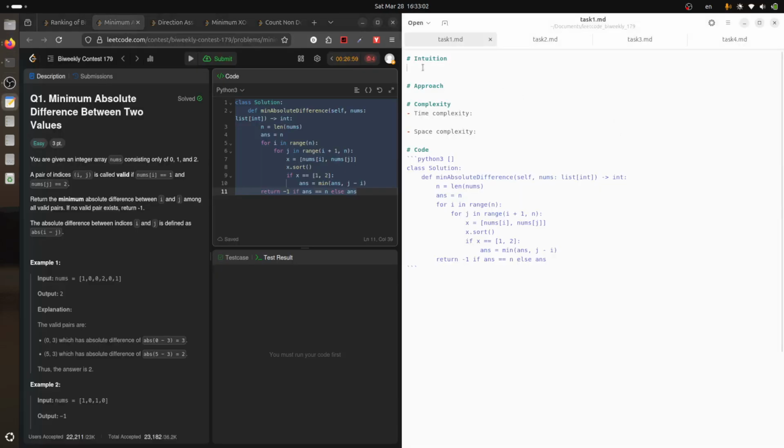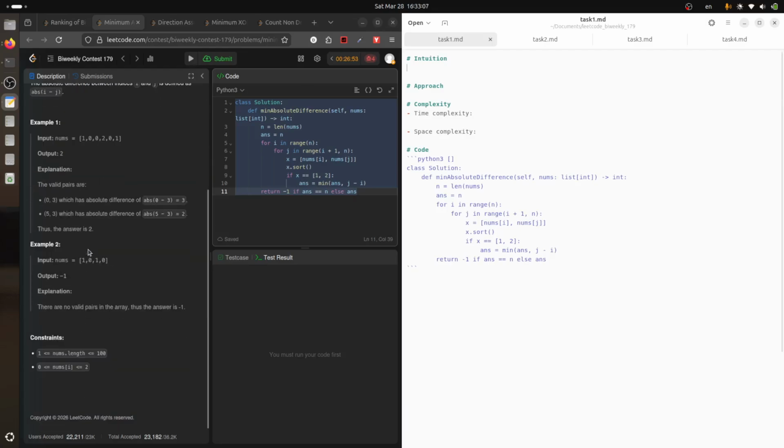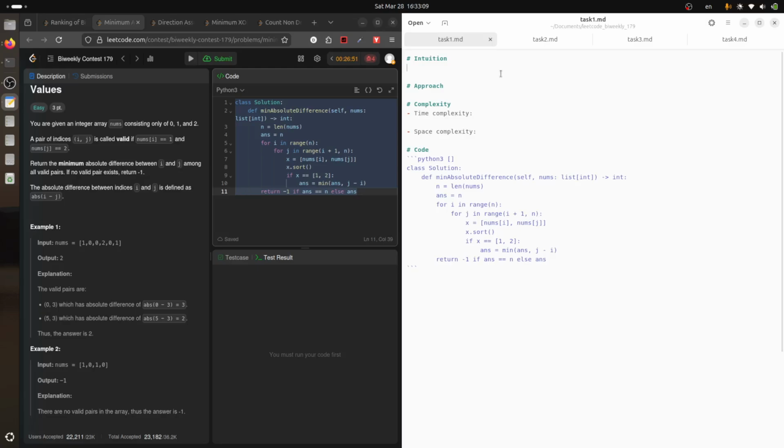Okay, so let's write the editorials. So Q1. Okay, so n is small enough to try all pairs of positions i, j and check if they are equal.